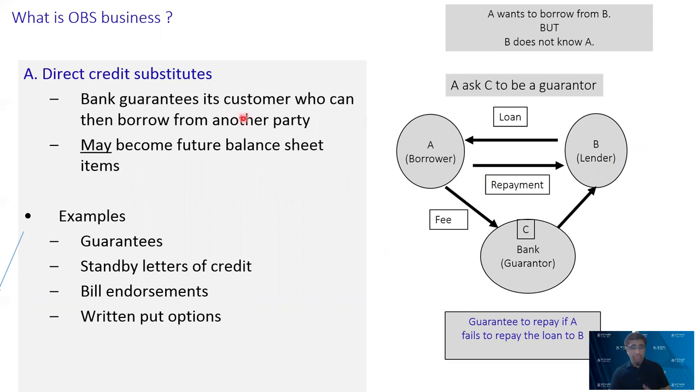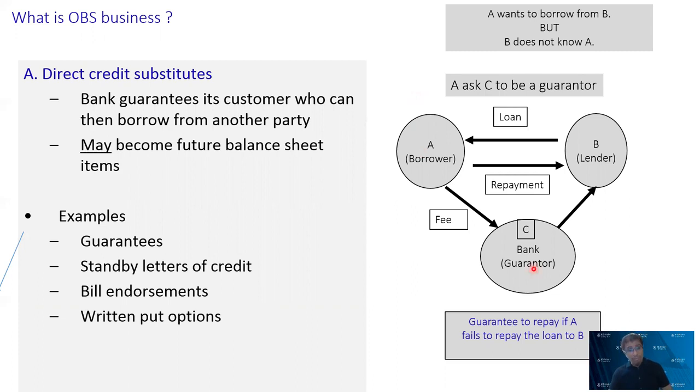So now I want you to understand something about credit substitutes here. When the bank provides the guarantee and becomes the guarantor, the payment will happen at the end of the day. When the contract matures, the payment has to be executed, either by the borrower, which is the normal thing, or by the bank, which is the guarantor.